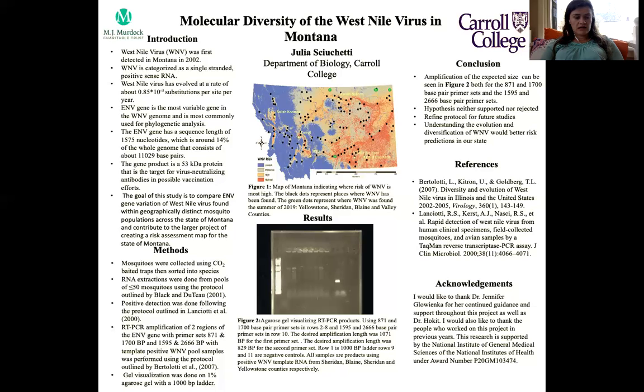And then they followed the protocol outlined by Black and Dutal of 2001, and positive detection was done following the protocol outlined in Lanciotti et al. 2000 in order to test for positive virus in the mosquitoes.